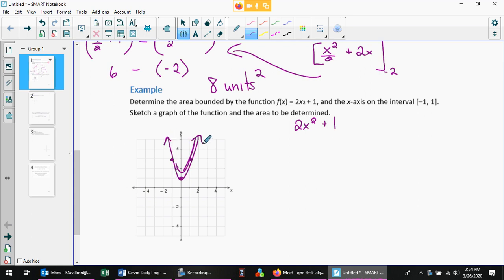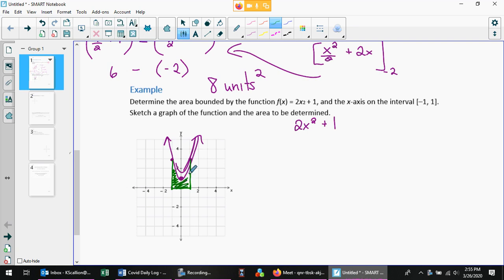So this one says that my function is bounded by the x-axis. So what it's telling you is it's stopping at the x-axis for area. And it's bounded by the interval -1 to +1. So really what I've got here is this area under the curve.